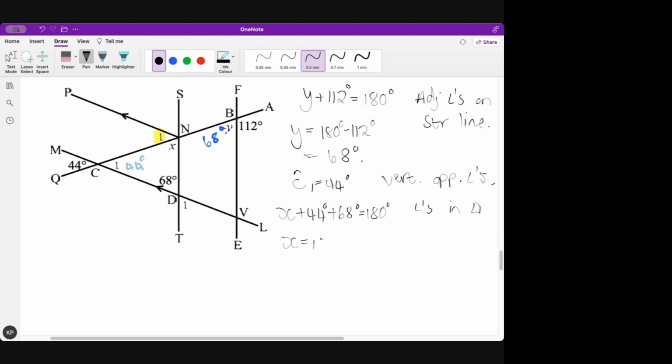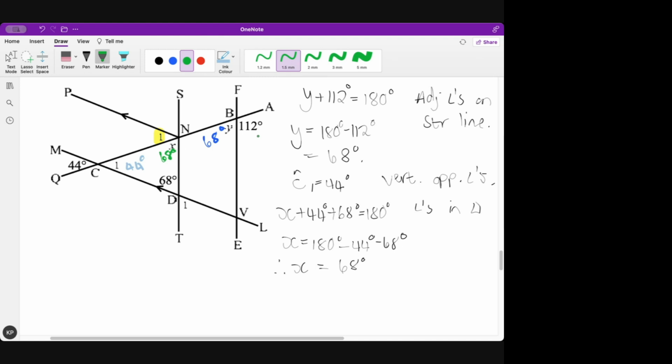X is 180 minus 44 minus 68. What does that give us, guys? That gives us 68 degrees. So once again, we have an isosceles triangle here. If this is 68, then we have an isosceles triangle.